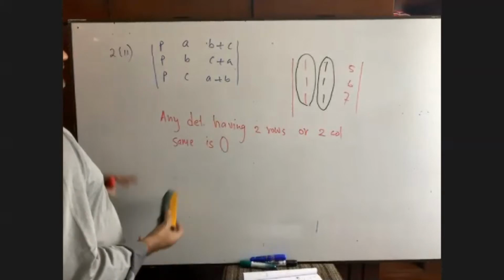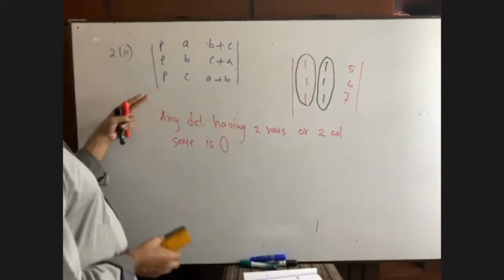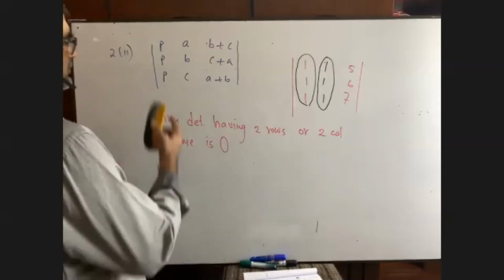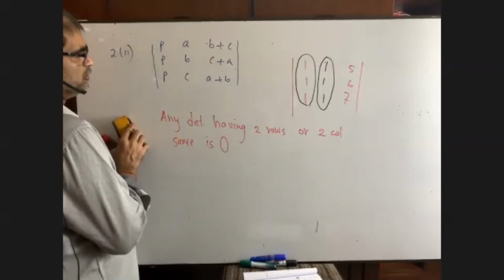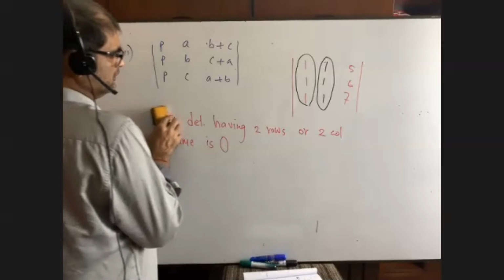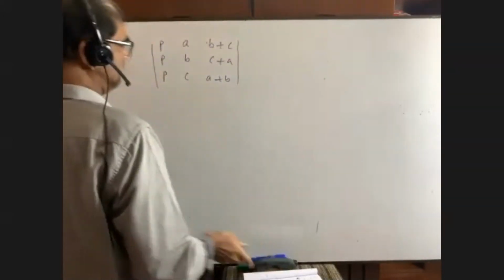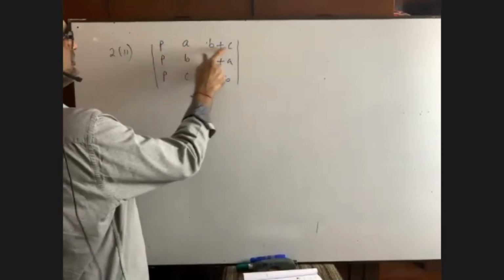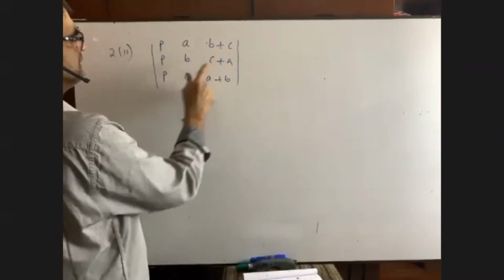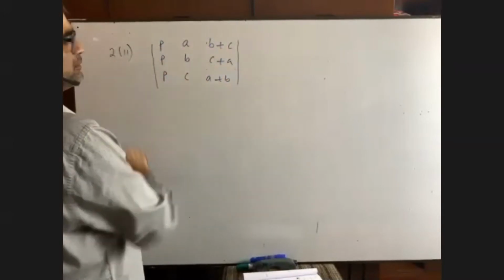Yes, sir. Okay. I told you this math can be done in 5 ways, and I can do it in 5 ways, but I'll show you the easiest way. At first, you see every element, it is P, A, B, C. It is P, A, B, C. It is P, A, B, C. Have you seen?